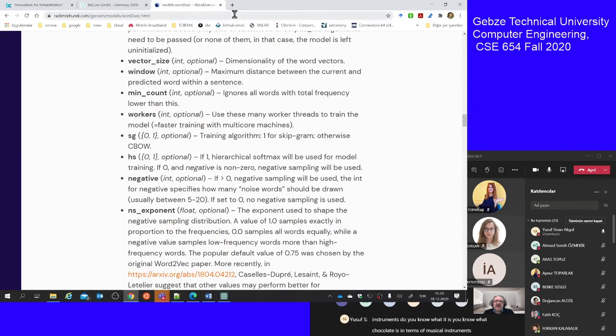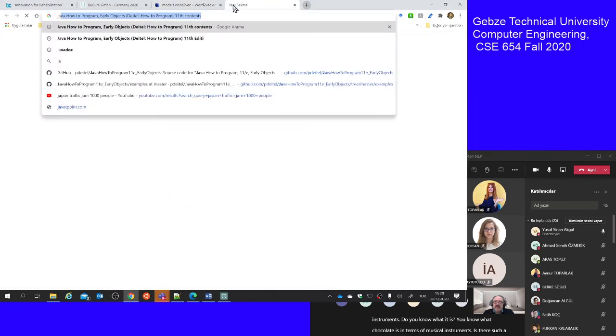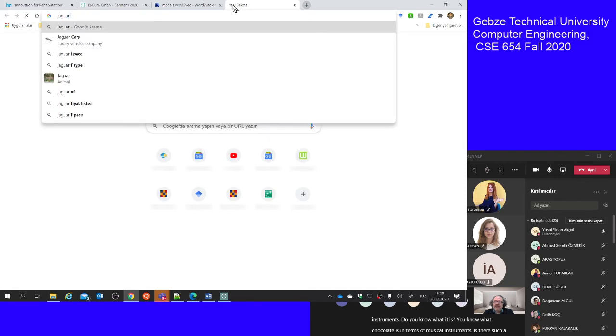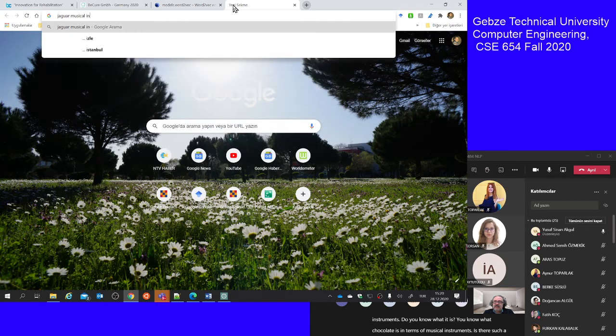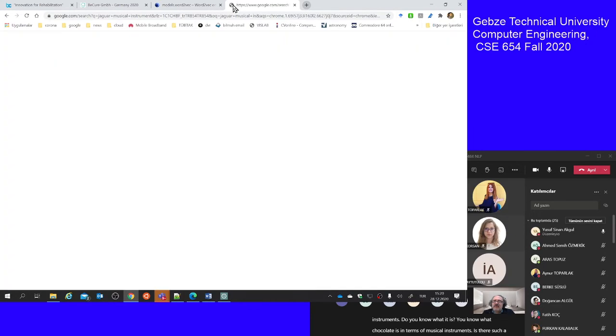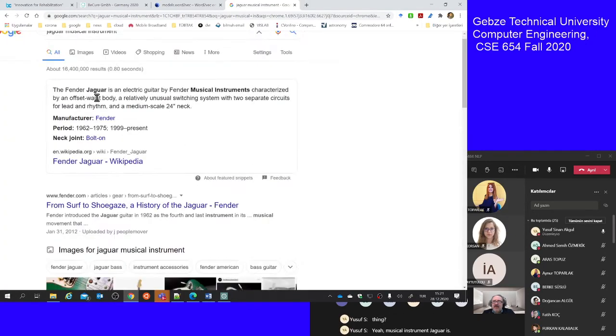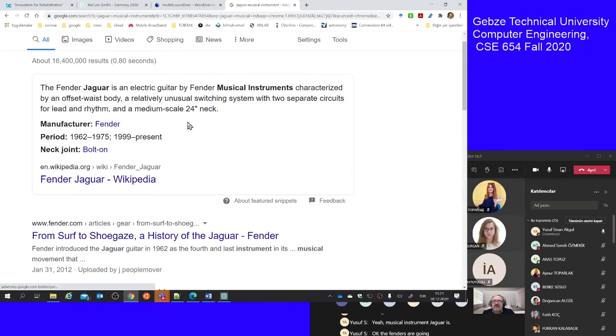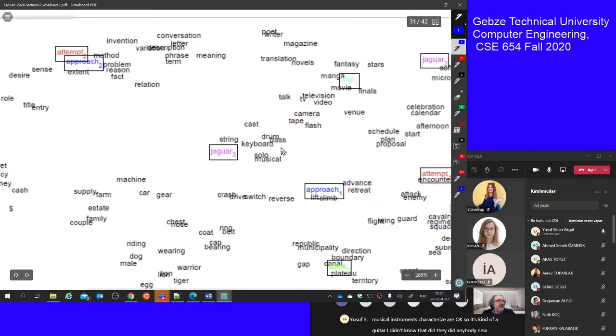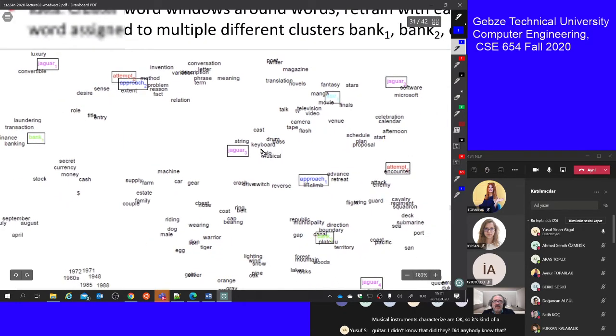Is there such a thing? Yeah, the Fender Jaguar is an electric guitar by Fender Musical Instruments. So it's kind of a guitar. I didn't know that. Did anybody know that? Okay.